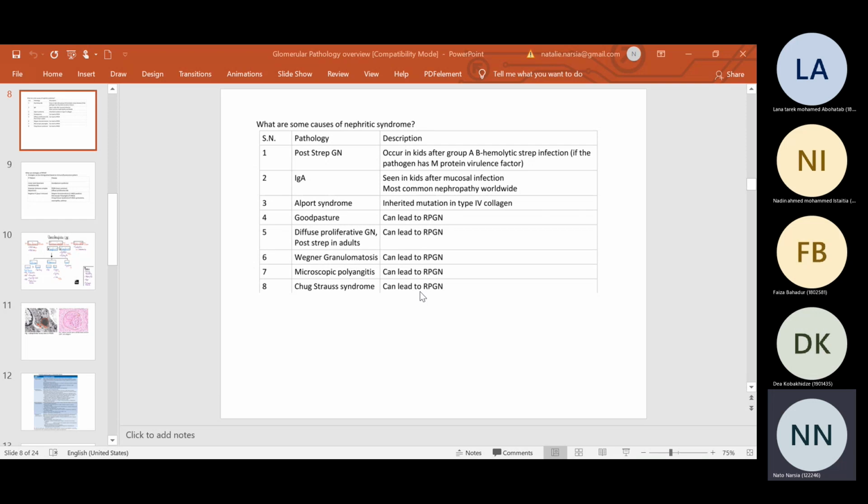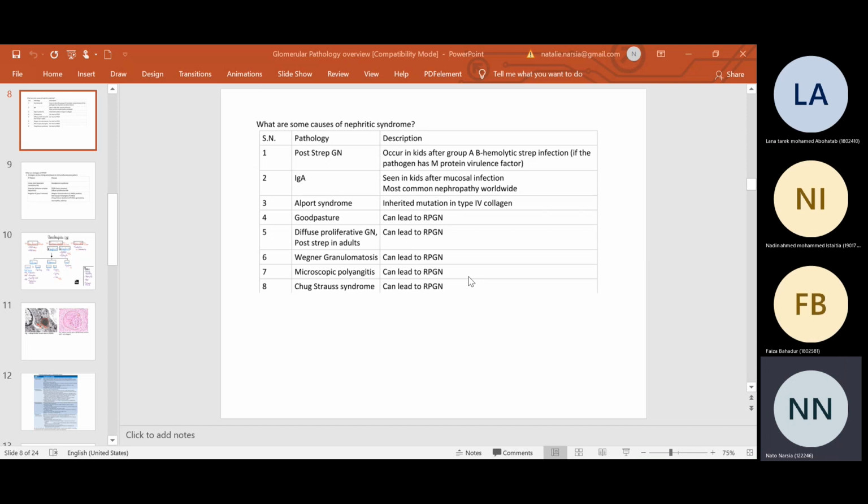Most commonly you find it in kids, guys. Imagine a kid and an adult. You can find it in adults as well.